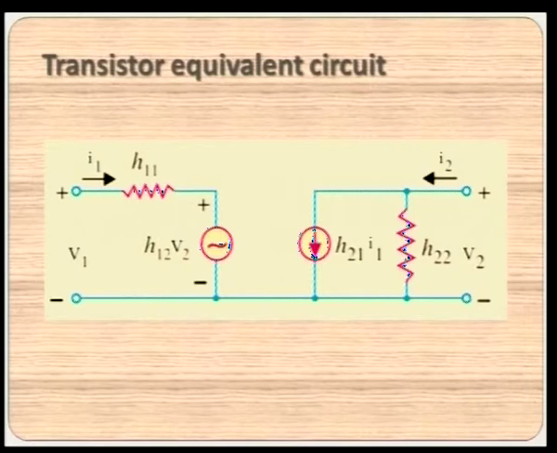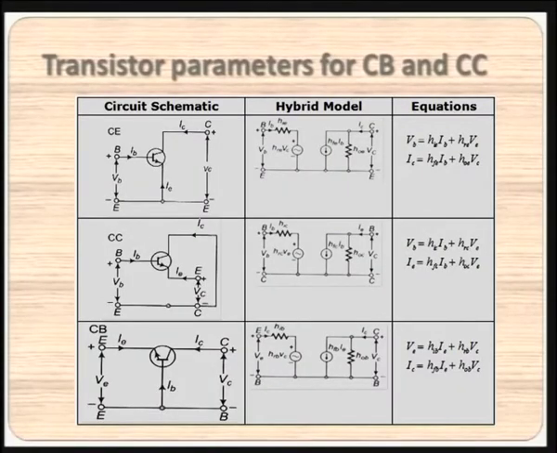And the equivalent circuits I would like to show in the next slide. Transistor parameters for CB and CC modes are also available. So, this gives us the gist of the equivalent circuits for other modes also, including the CE mode. But in CE mode only, the transistor is very often used because it has much advantage in that mode.